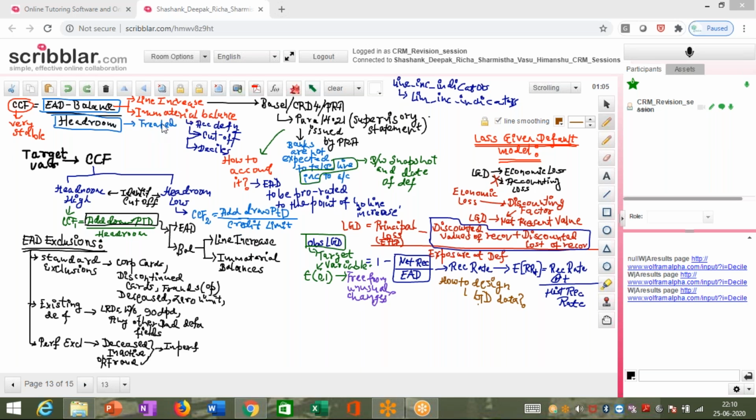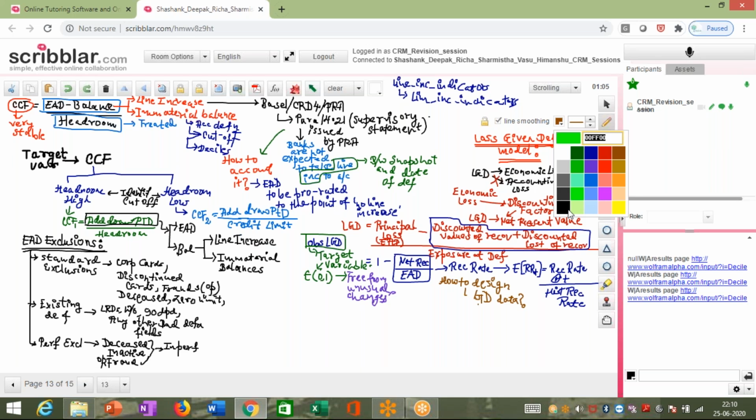One of them is for those accounts which have already defaulted as on snapshot. The second set of models are for those accounts which are active as on the snapshot, but are defaulting in the performance window.